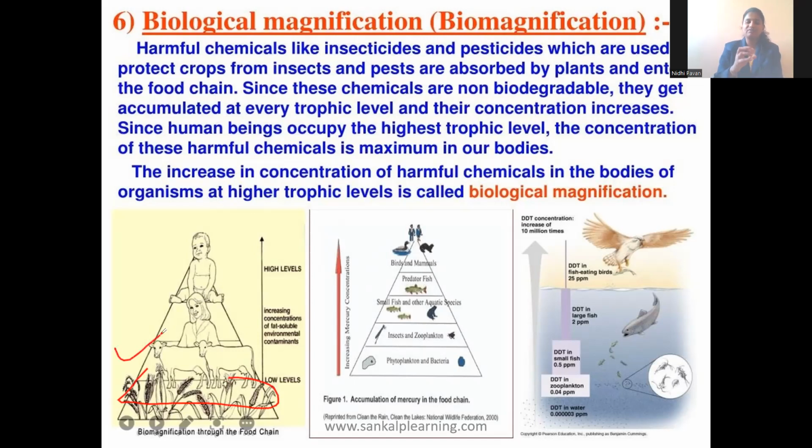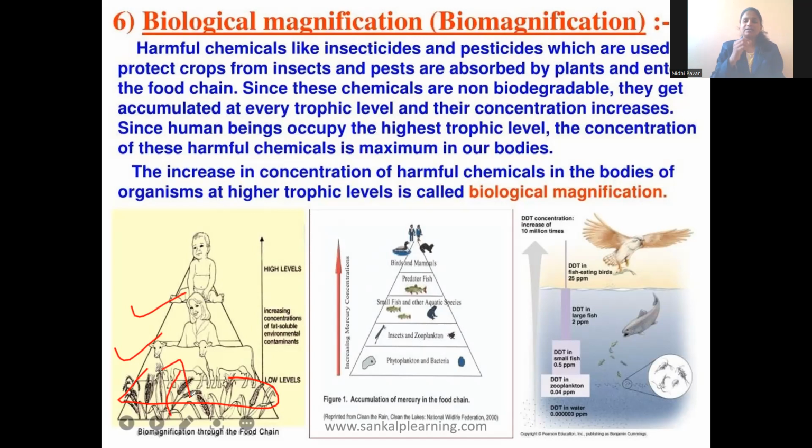From the cow we will take the milk, we will drink the milk from the cow. The amount of pesticides or insecticides from the plant will be shifted to the cow. So here the concentration of insecticides or pesticides which has been sprayed will not decrease. Instead, it will increase from one trophic level to another trophic level.